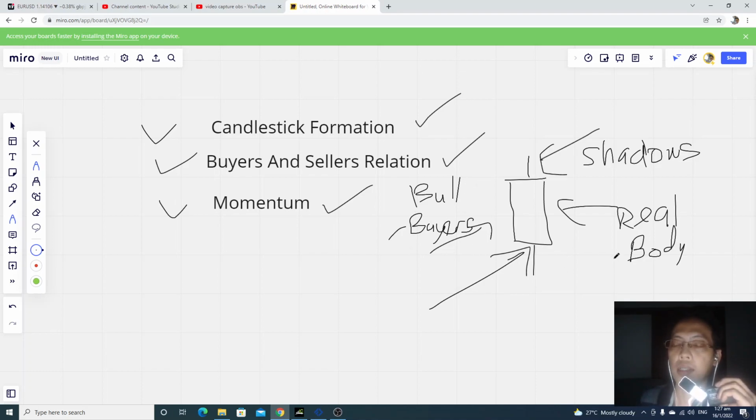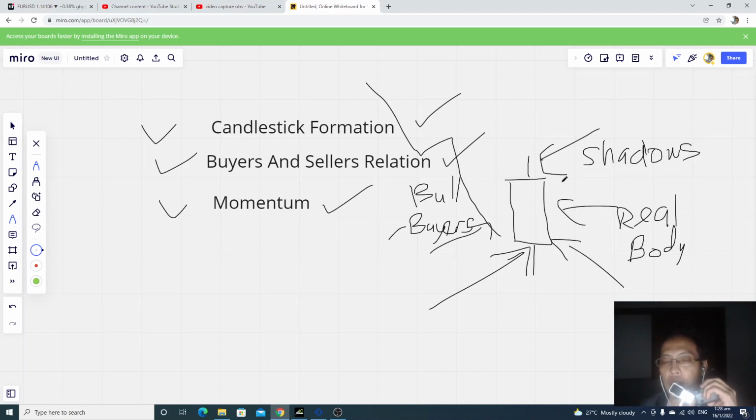So when there's a bullish candle and the buyers are pushing the price up, and before this the price was going down, would you buy? Would you look for a sell when you see this bull candle, or do you want to look for a buy?